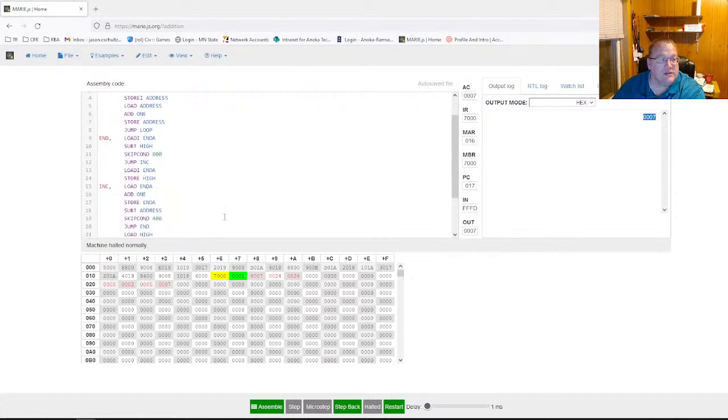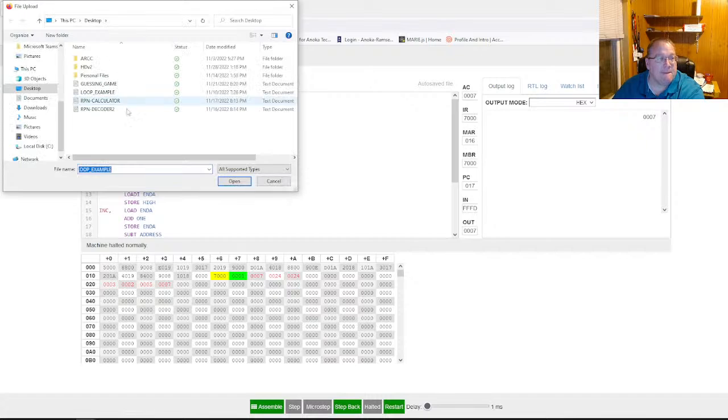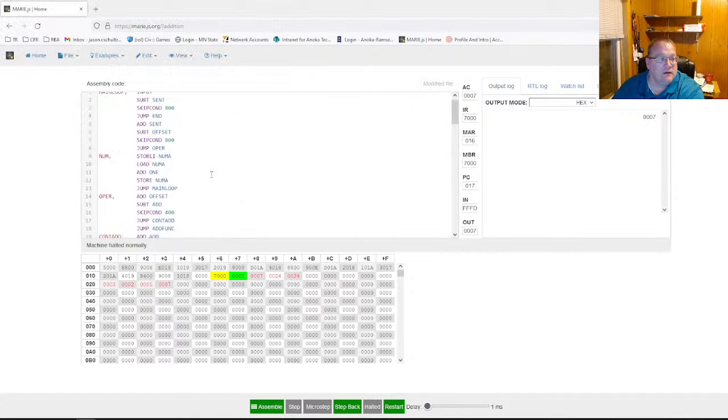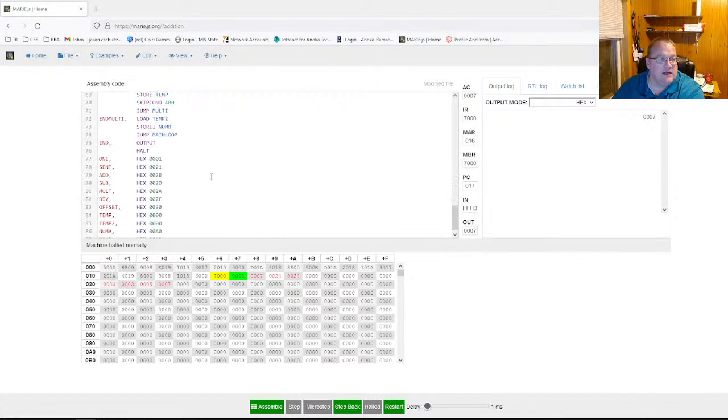Why did it output 7? Yeah, I'm not sure what this did exactly. Should have kept better notes. Yep, that's the one we want here. And if we look down, no, this one doesn't have it either.